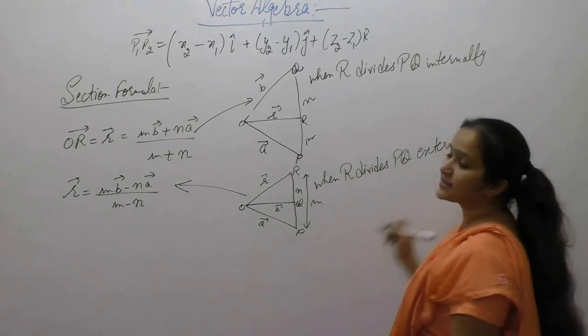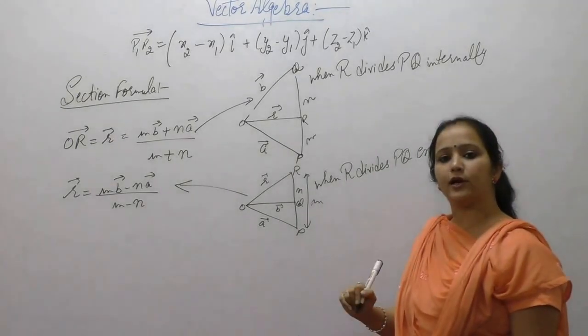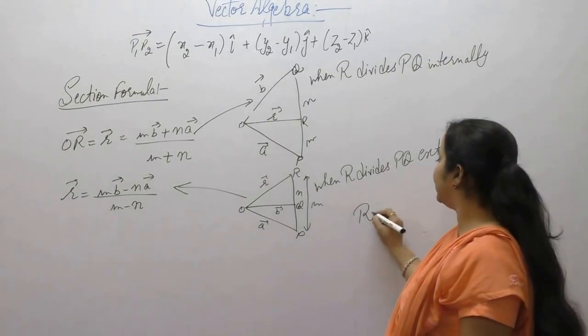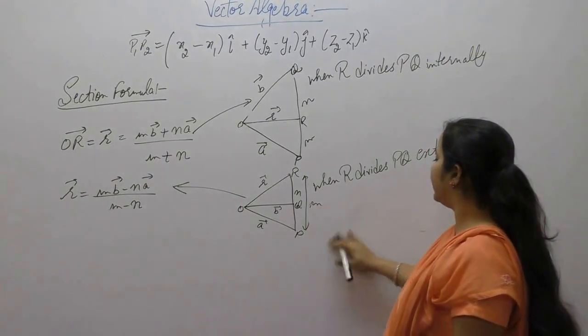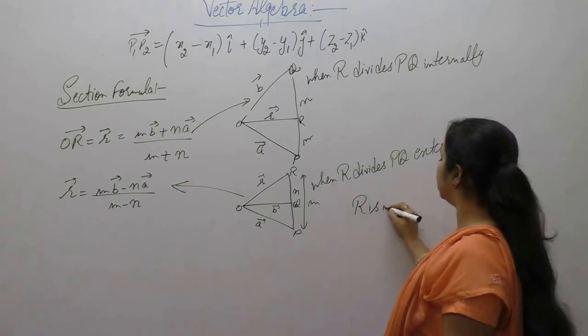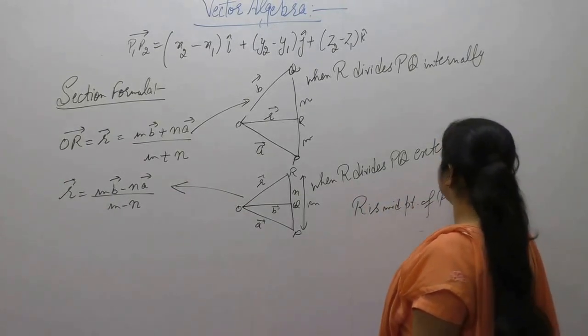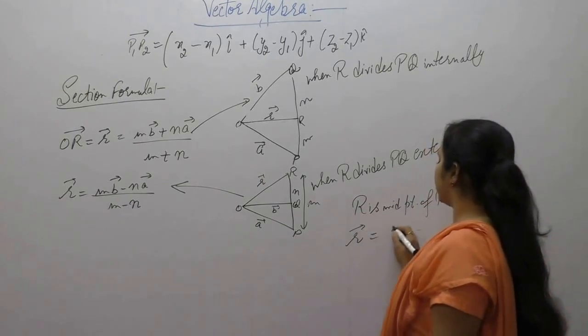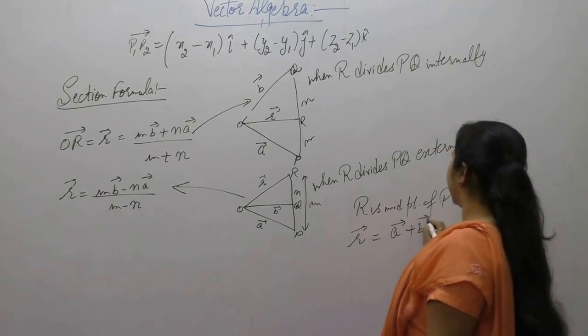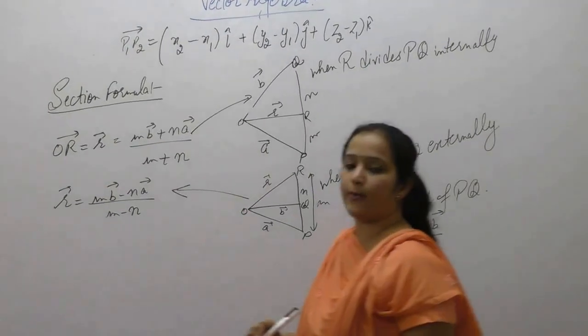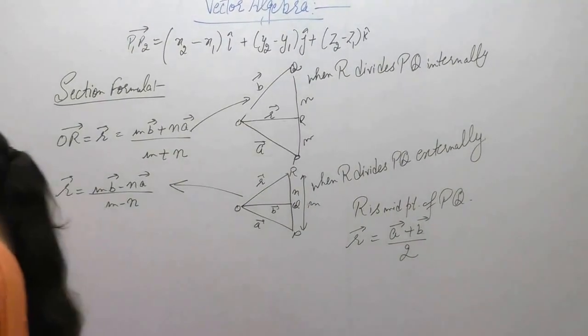Now third case, when R is the midpoint of P and Q, then R vector is equal to A vector plus B vector upon 2.